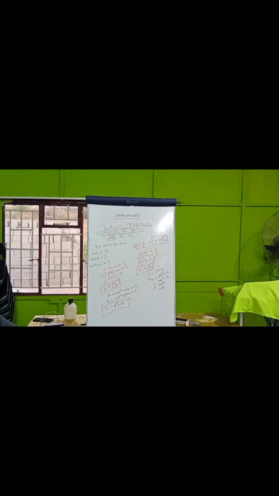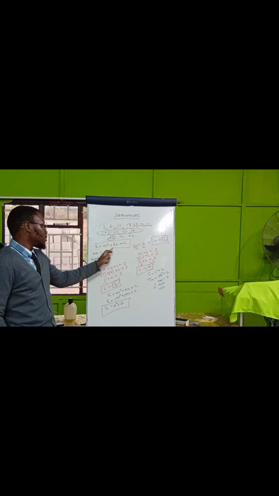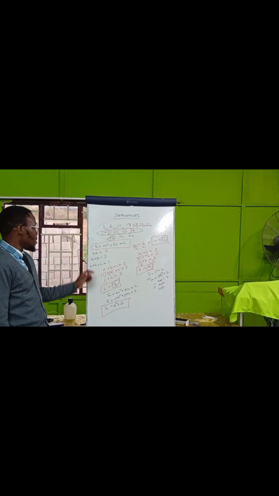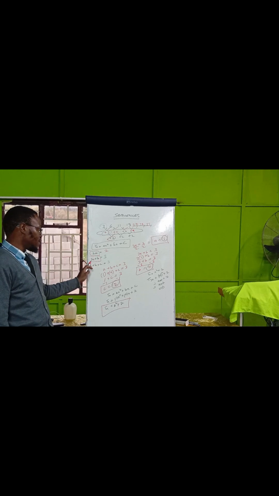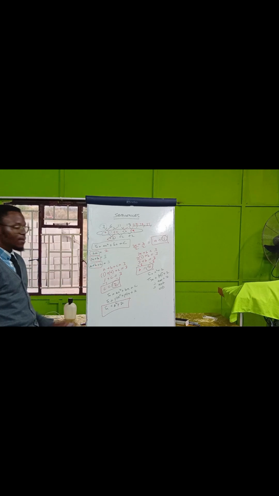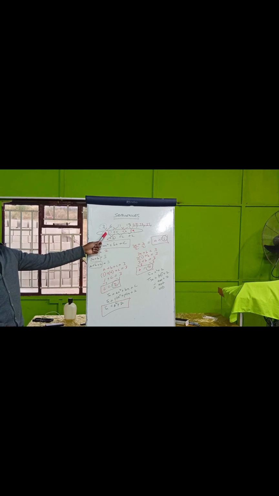Your assignment would be to practice recalling this. a plus b plus c is the first term of the original sequence. 3a plus b is the first term of the first difference, because this is in the original sequence.